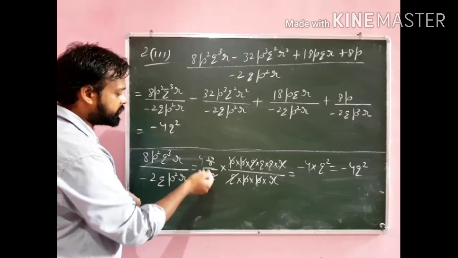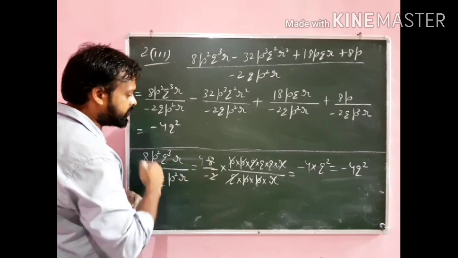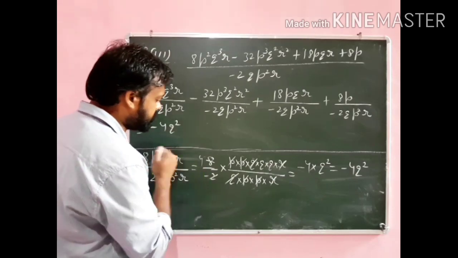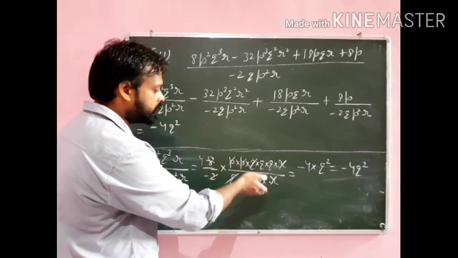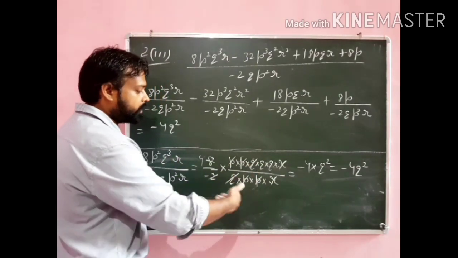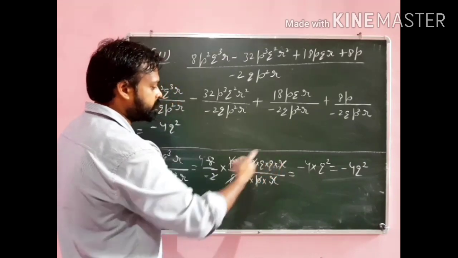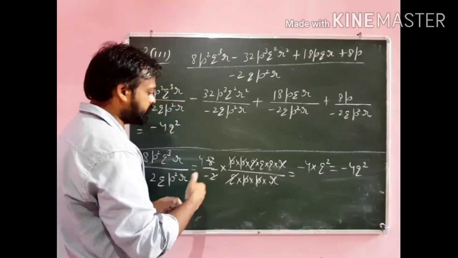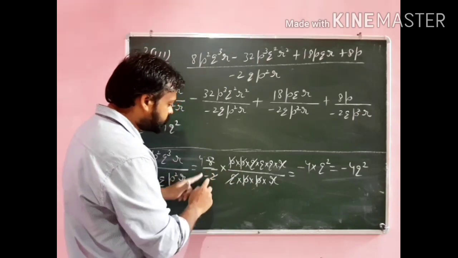Then 2 will cancel with 8, so it will become 4, and the minus sign stays as it is. Also cancel out the common factors. All the factors in the denominator are cancelled with the same factors in the numerator. So what did we get?